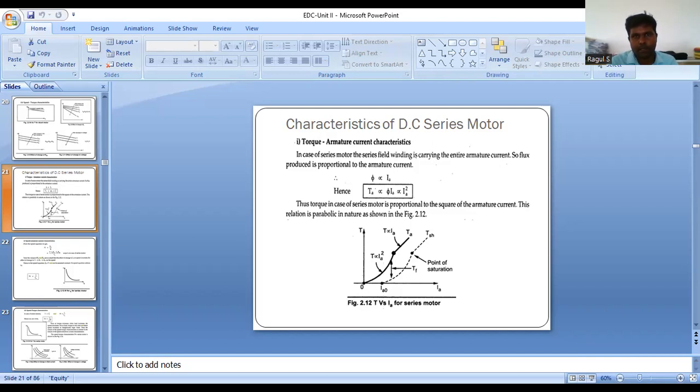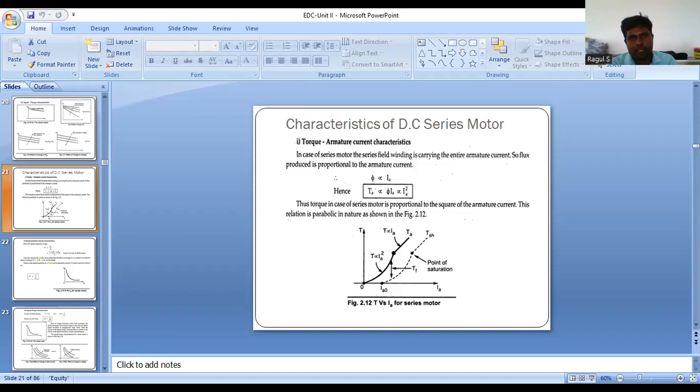The speed is inversely proportional to flux, because the speed equation explains that speed is directly proportional to back EMF, and speed is inversely proportional to flux. The equation is N proportional to (V minus Ia Ra minus Ia Rsc) divided by flux.